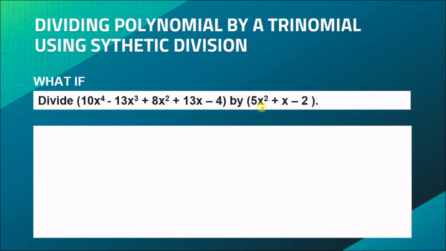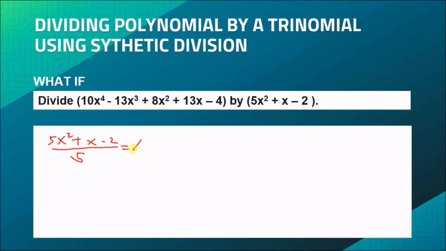Kagaya ng second type ng ating pag-divide sa binomial kanina, sa synthetic, nagkakaroon tayo ng division ng constant dito. So, from that 5x squared plus x minus 2, temporarily, kung ano yung number na nandito, i-divide muna natin yan. And then sa temporary quotient natin mamaya, i-divide uli natin yan to get the final quotient.